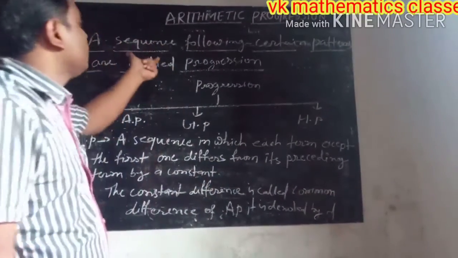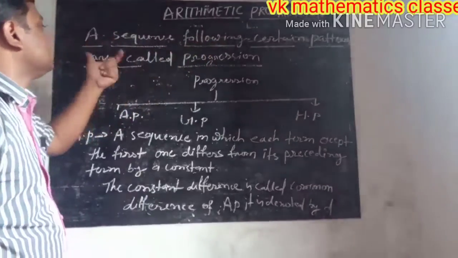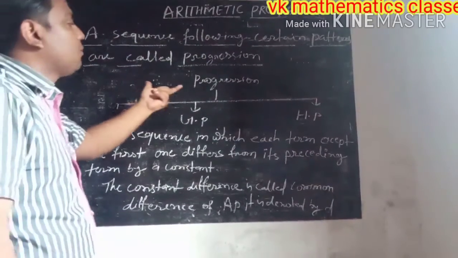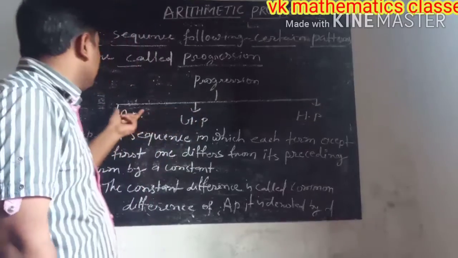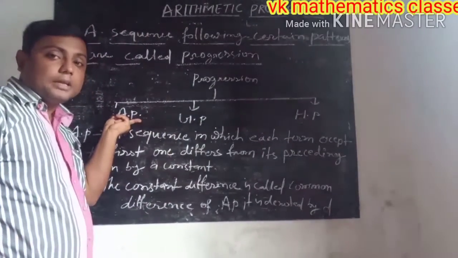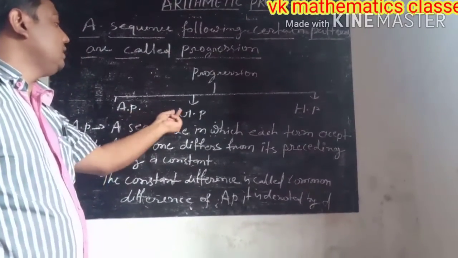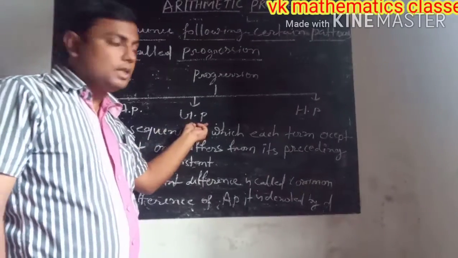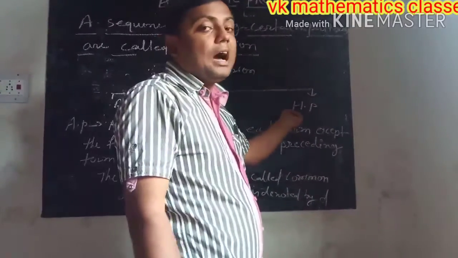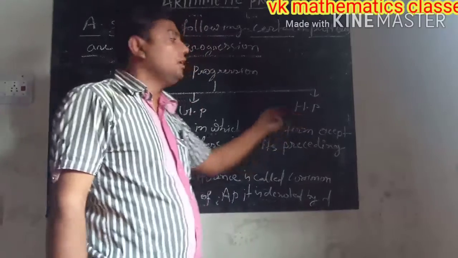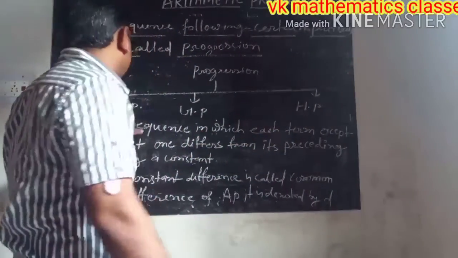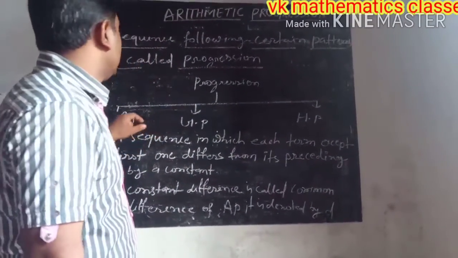That is, a sequence following certain patterns is called a progression. The progressions are of 3 types. First, AP, the arithmetic progression. Second, GP, geometric progression, and third, HP, harmonic progression. The HP is the inverse of AP.